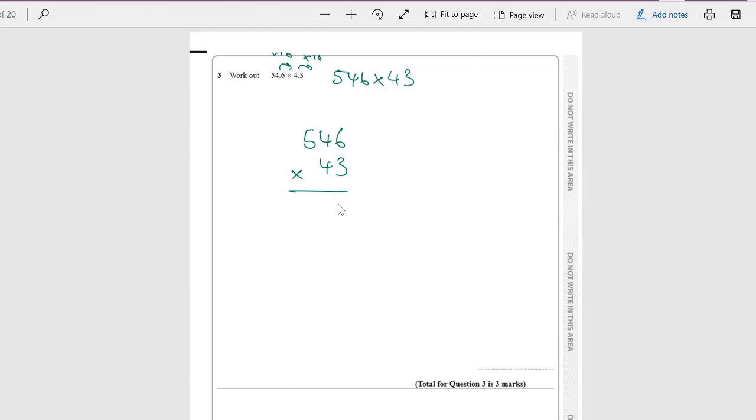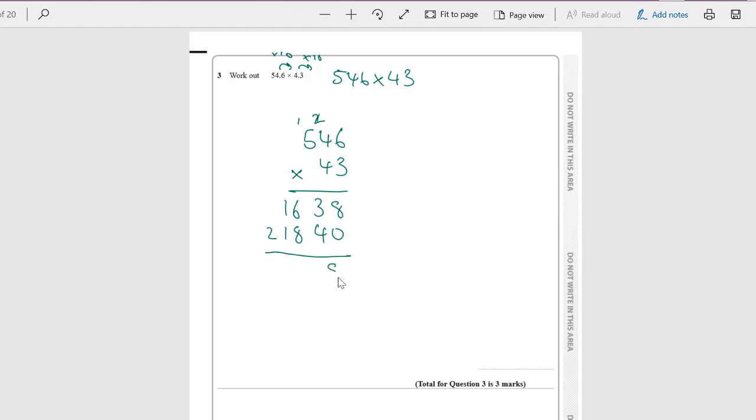So 3 times 6 is 18, put the 1 there, 4 times 3 is 13, put 3 there. Then 3 times 5 is 15 plus 6 there, and 0. 4 times 6 is 24, so we get the 2 there. 4 times 4 is 16 plus the 2 gives us 18. Add the 1 there. 4 times 5 is 20 plus that one gives us 21.